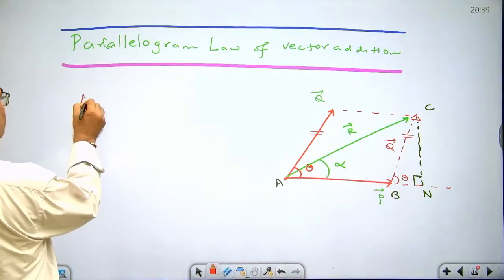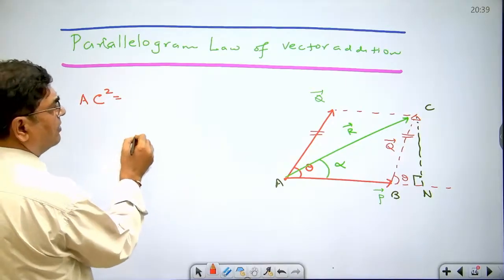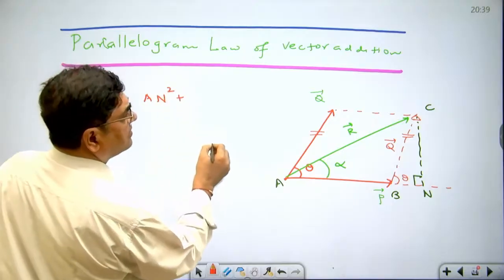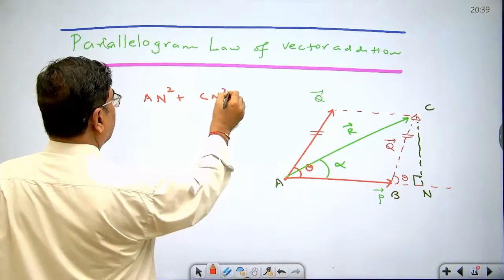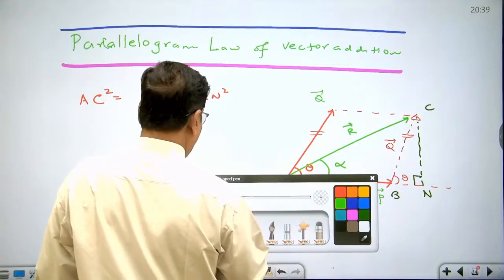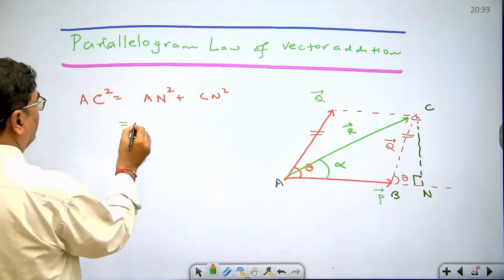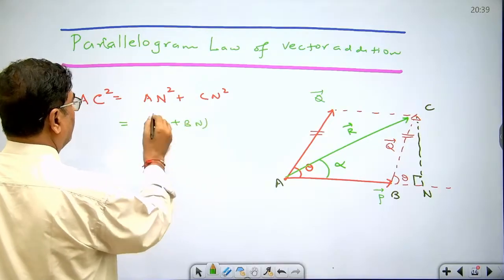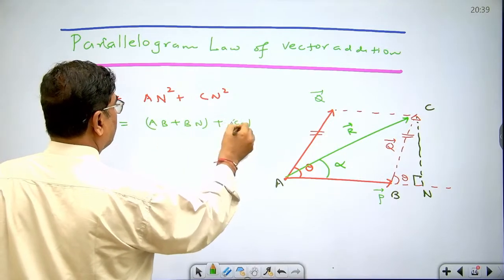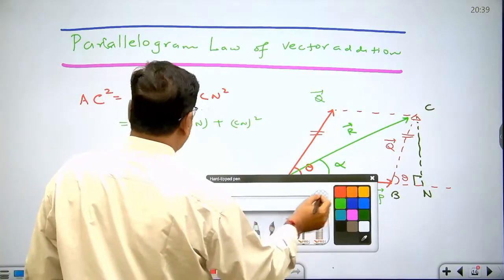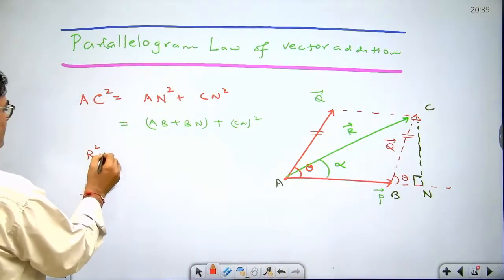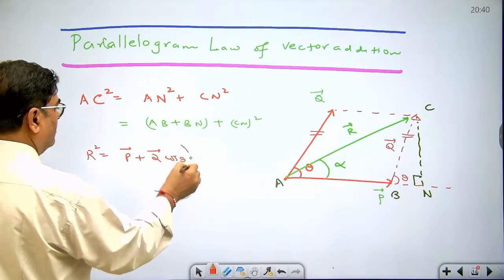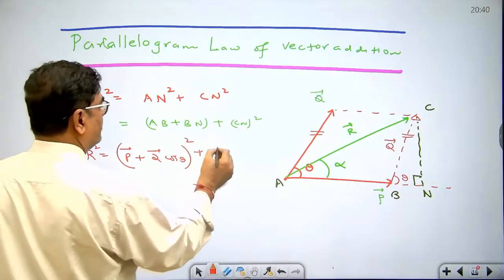So AC square equals AN square plus CN square. What is AN? AB plus BN, plus CN square. So dear student, in vector form this is R square, and this is (P plus Q cos theta) and this is Q sin theta.